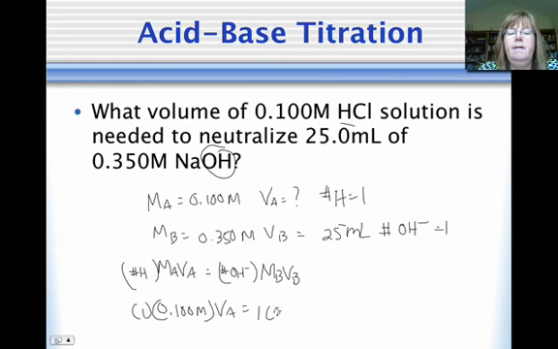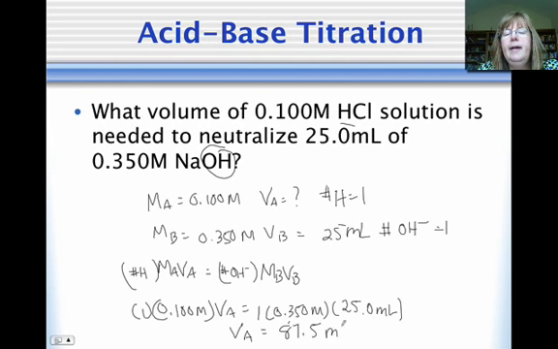Our molarity of our base is 0.350 molar. And our volume of our base is 25 milliliters, and we can leave it in milliliters. And then when we solve for this volume of the acid, its volume will be in milliliters. So when I do this little bit of math, what I get is 87.5, and that's in milliliters. Wow, this is a pretty useful equation.